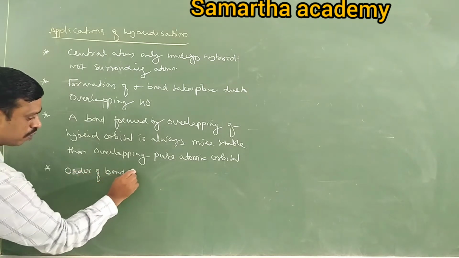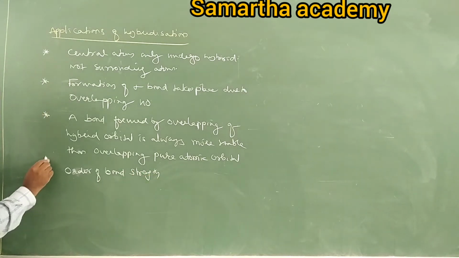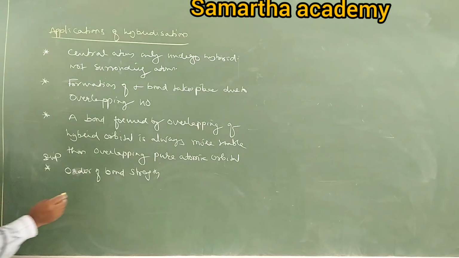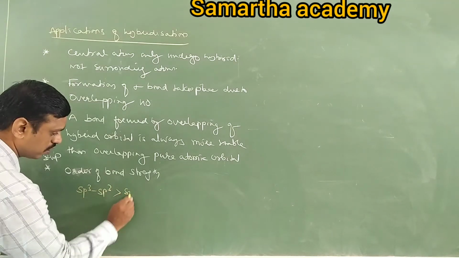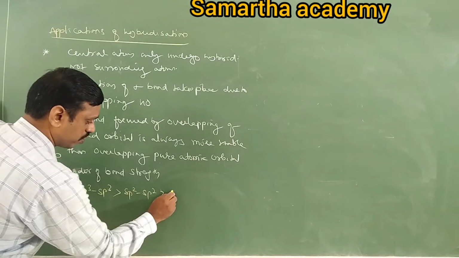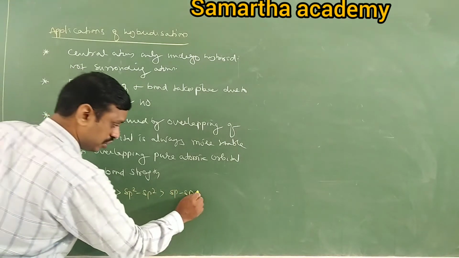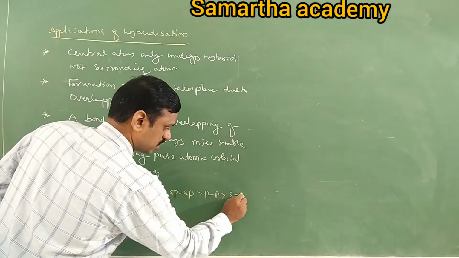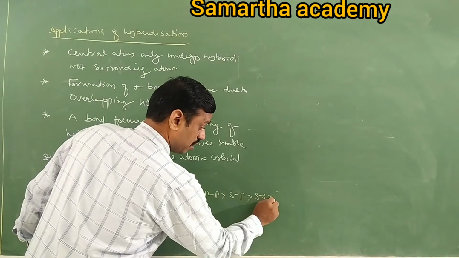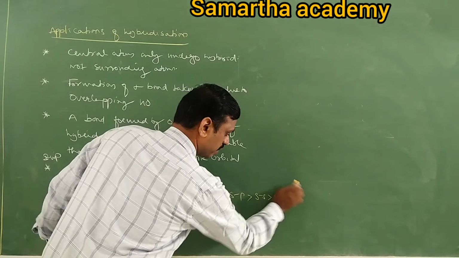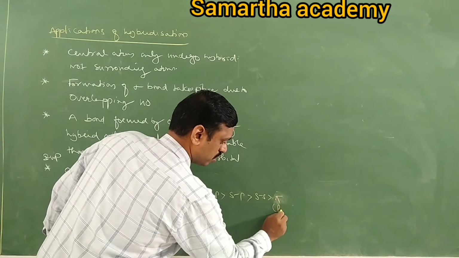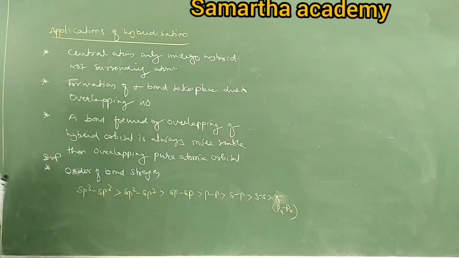Order of bond strength: when you see sp3, sp2, sp hybridization, remember an sp3 sigma bond is always stronger than an sp2 sigma bond, which is stronger than an sp sigma bond, which is stronger than sp-p overlapping, then s-s overlapping, and last is pi overlapping, which is nothing but px with py. So this is the order of bond strength.